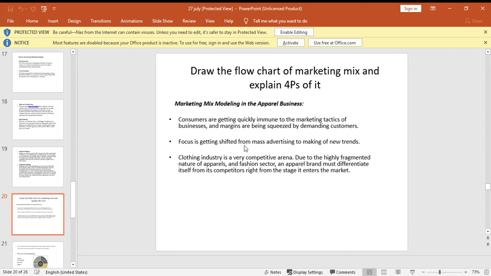Focus is shifting from mass advertisement to the making of new brands.